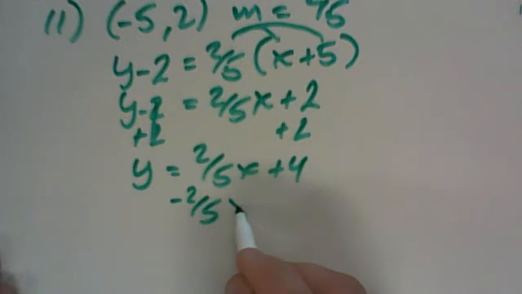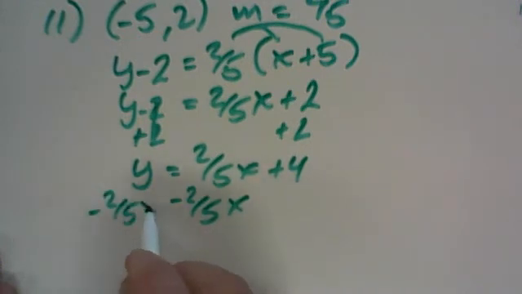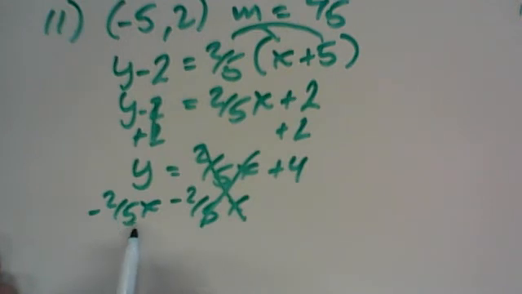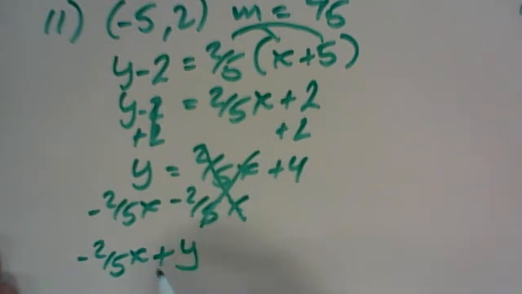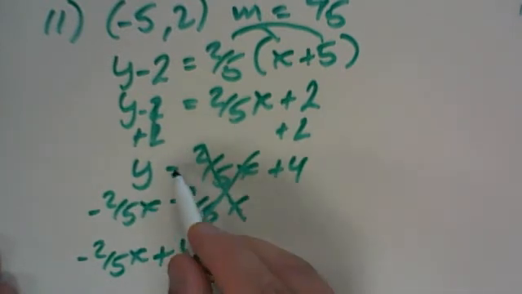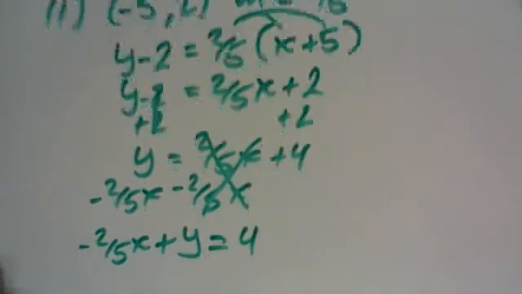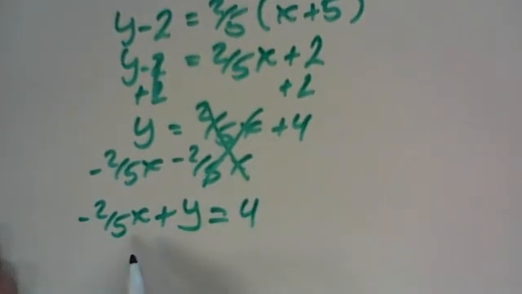So I'm going to subtract 2/5 x so that this is now going to be on the other side. On the left-hand side of the equation, I'm going to start with -2/5 x and then plus y. That's the left-hand side of the equation, and that's going to equal 4. That is in standard form. The only problem is we have a fraction, and in standard form we don't want to leave it with any fractions.